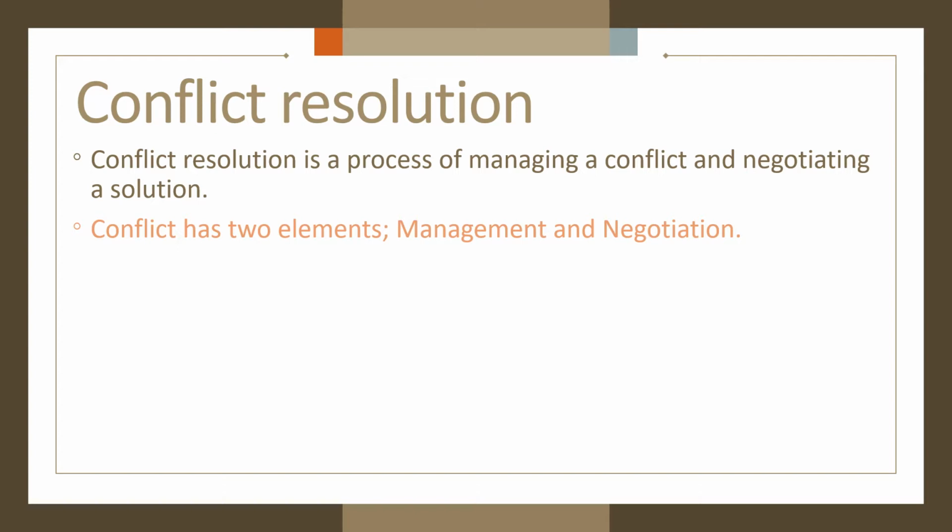Then the next element, or what needs to be done in a conflict resolution process, is now what is called negotiation. This is where parties in conflict will now try to negotiate their own outcome, to try to address those things that are very important to them.